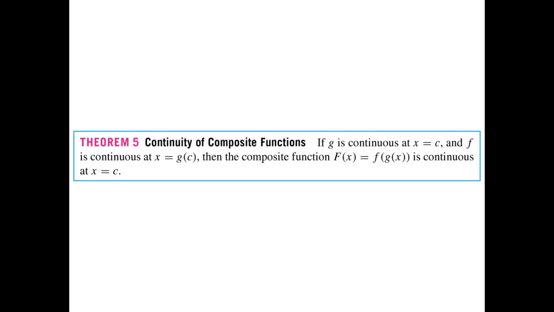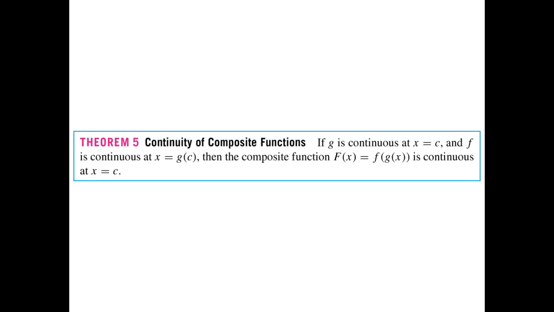G is continuous at x equals c means that g is defined on an open interval that includes x equals c. Okay? That's the first thing. It has to be defined on some open interval that includes x equals c.